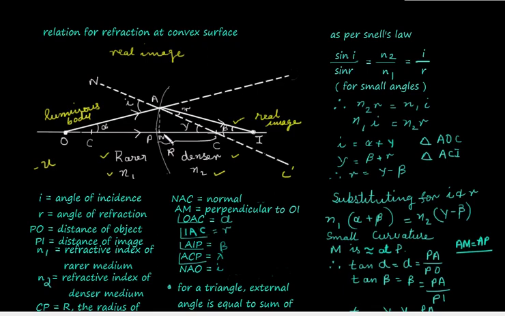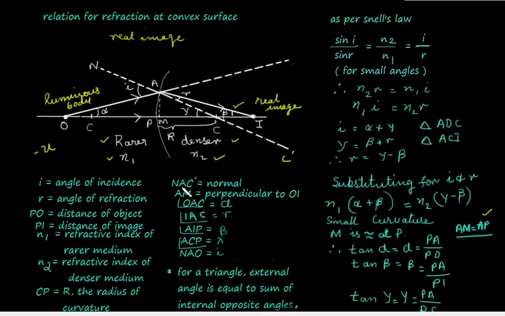AM is a perpendicular drawn to OI. For a surface which is only slightly curved, this point M can be considered at point P because the distance PM is very small. We can imagine that AM is equal to AP. CP is the radius of curvature. NAC dash is the normal. Angle OAC is represented by the symbol alpha.